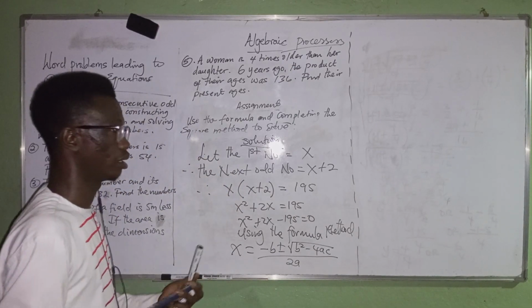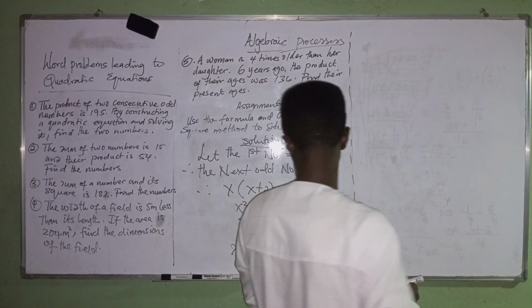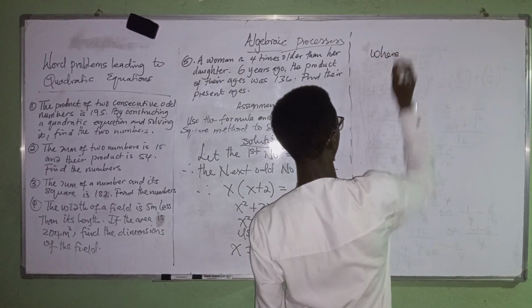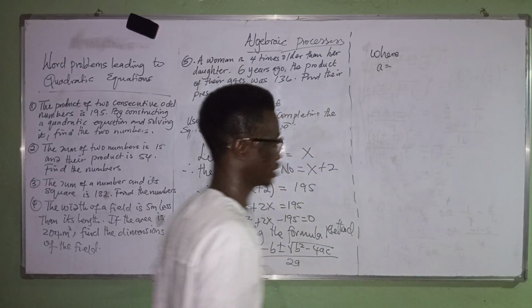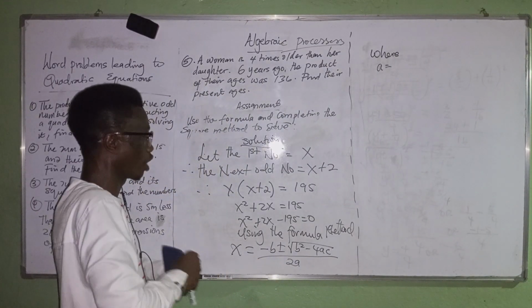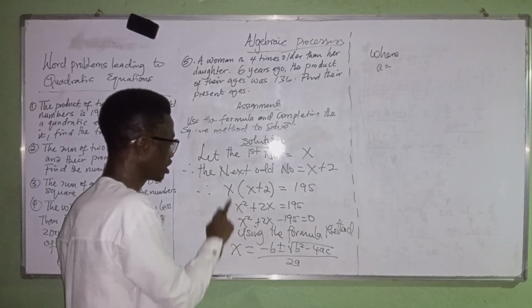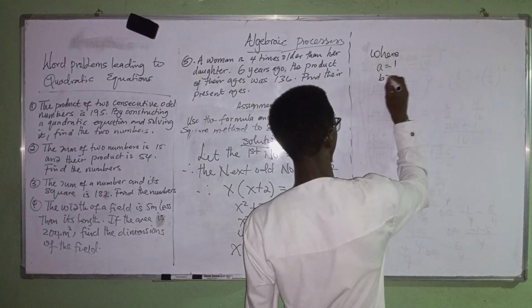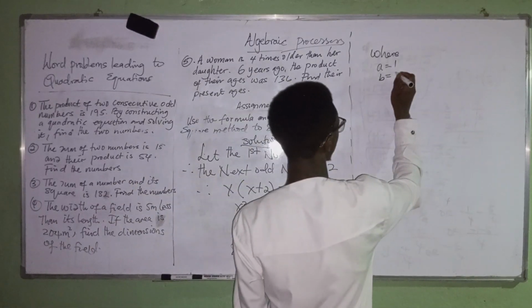We substitute where a is always the coefficient of the variable with the highest power, which in this case is 1. b is the next one, which is 2.